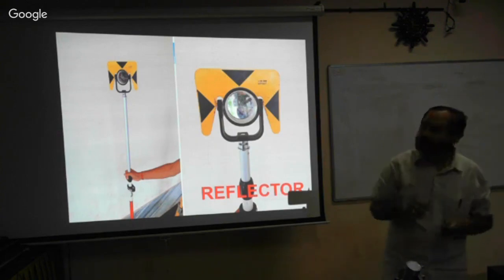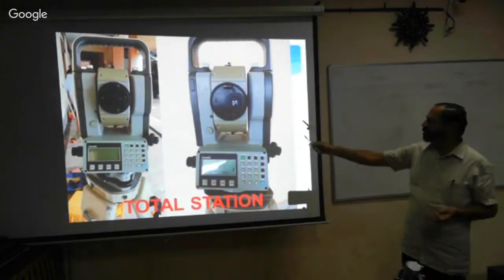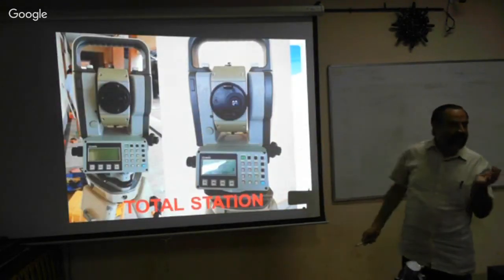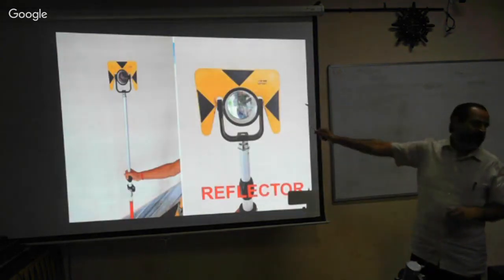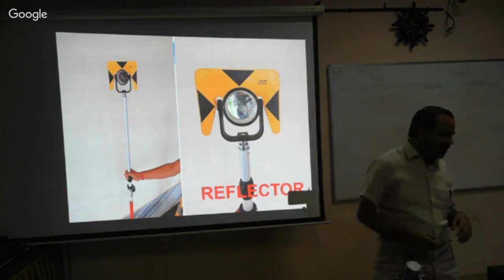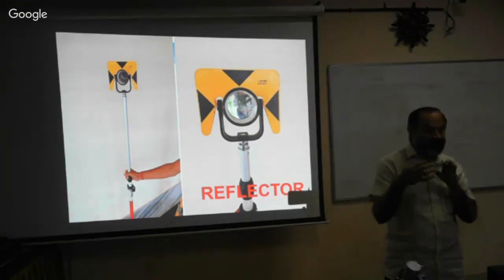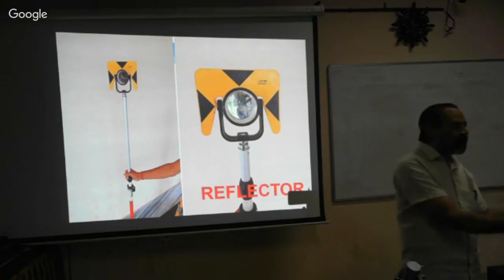This is the total station and its connected accessory. Next, connected accessory. Isn't it? With these two, we can collect any number of points, and we can save this information. That information will be transferred to the computer, then the computer will process it.